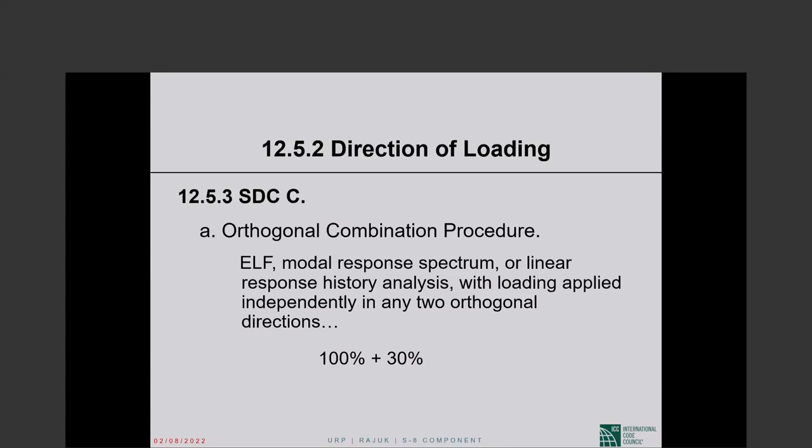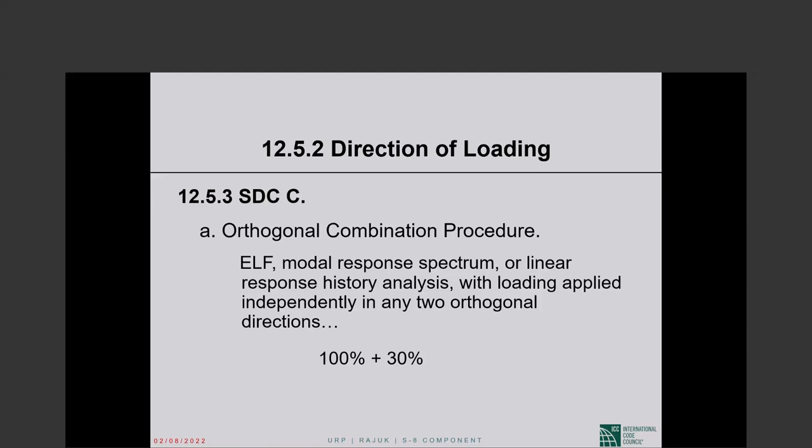So you analyze your building independently in any two orthogonal directions under the code prescribed seismic forces, and then you design the structural elements for 100% of the effect of the X earthquake plus 30% of the effect of the Y earthquake, or 30% of the effect of the X earthquake plus 100% of the effect of the Y earthquake, whichever is the worst of the two.